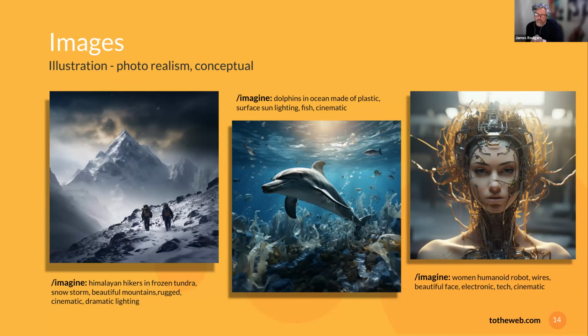And then the one on the right is a woman humanoid with robot wires, beautiful face. And you can just do that stuff all day long. It's really great at just making up really crazy stuff. And I think what makes this realistic is this cinematic adjective, or technical term, that gives you that depth of field and the lighting that it has.